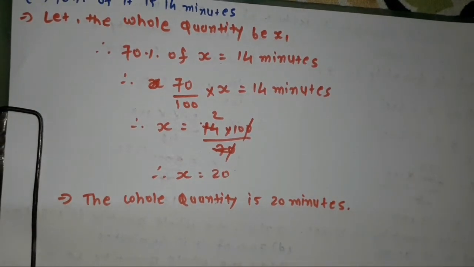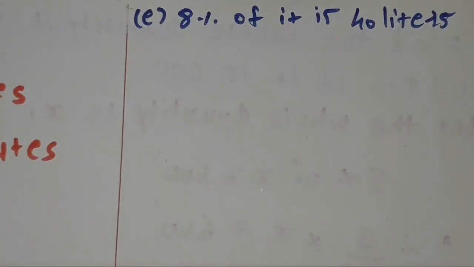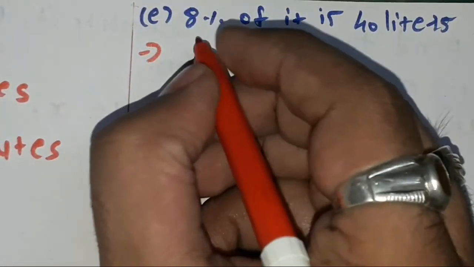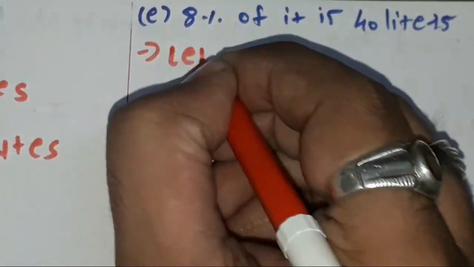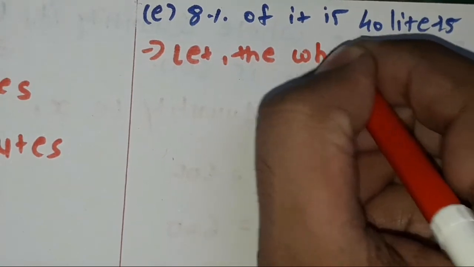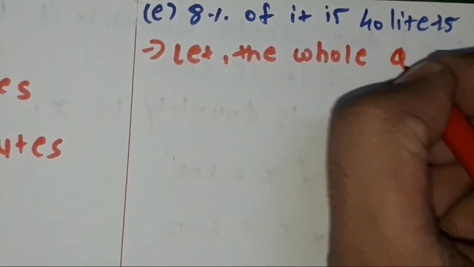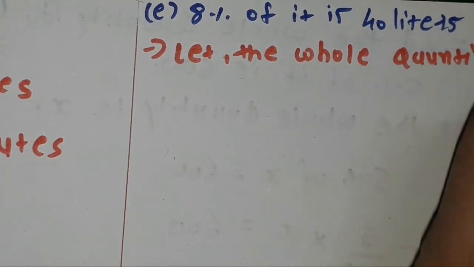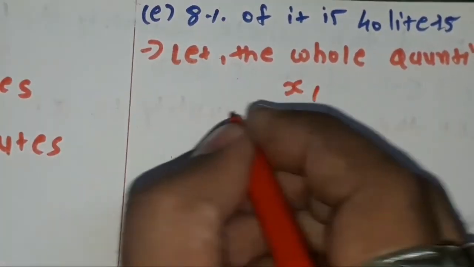Similarly, moving to the last one. Last one is 8% of it is 40 liters. So the first step here we will do is: let the whole quantity be x.